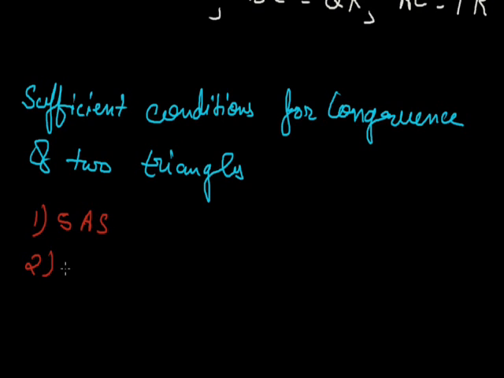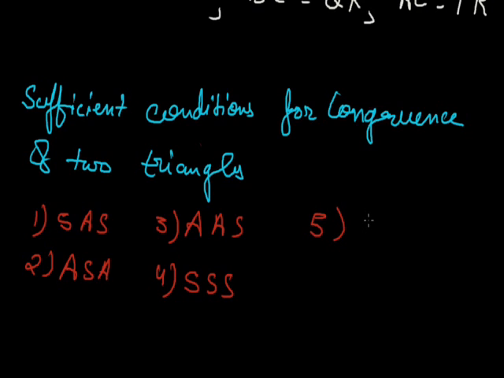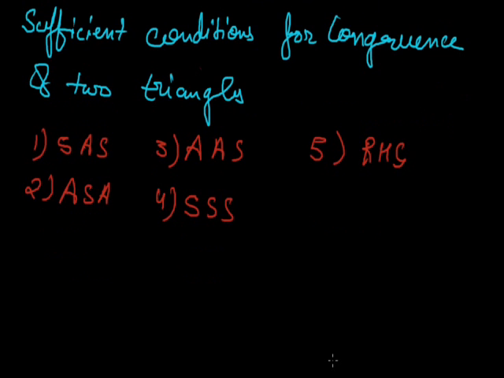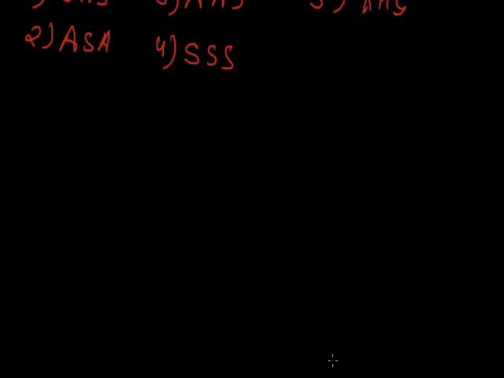Second one is ASA. Third one is AAS. Fourth one is SSS. And the fifth one is RHS congruency criteria.